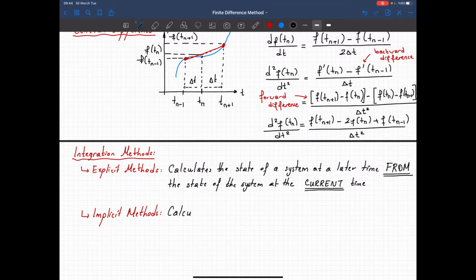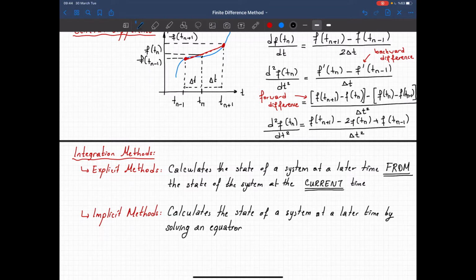So this calculates the state of a system at a later time by solving an equation involving both the current state and the later state.